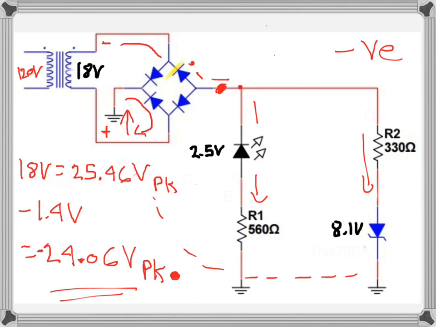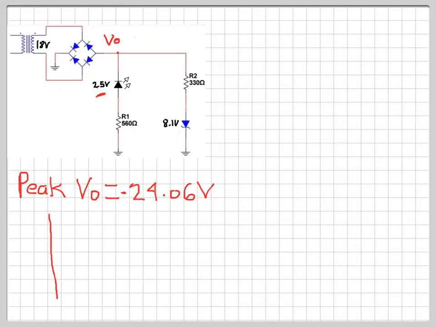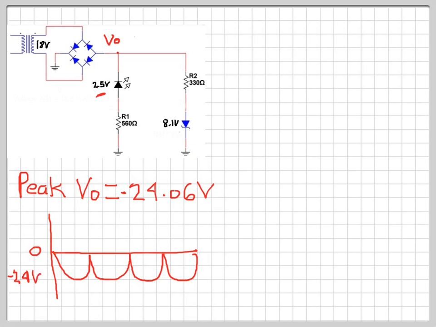Because the output's negative, the output is going to look like this, and this is full wave. So that's going to be 0, and this is going to be our minus 24 volts like that.